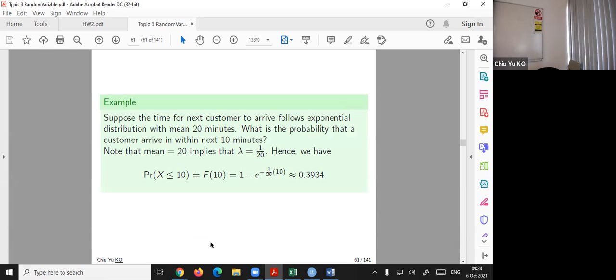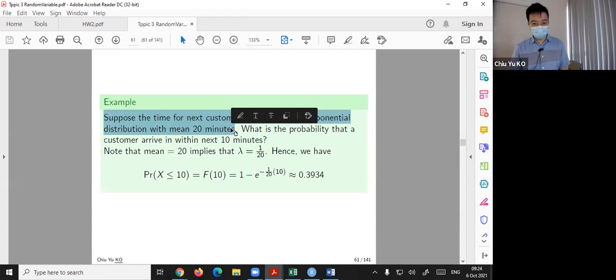So here we have the following example. We have the time for the first customer to arrive, okay? As I said, why we care about this is you may be caring about your coffee shop. You have to prepare a cake and coffee, right? You heat up the coffee and you cannot just wait until the customer arrives, okay?